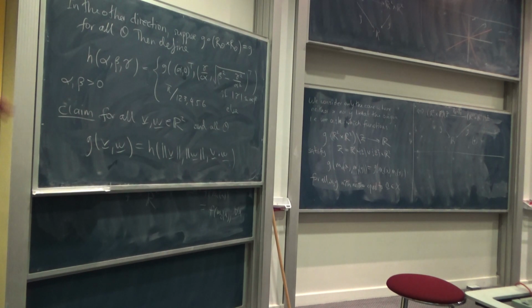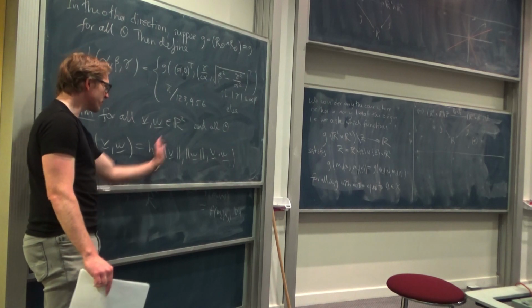Just to reiterate the logic, we started with g, we defined h using g, and now I claim this relationship between the g we started with and the h we constructed.